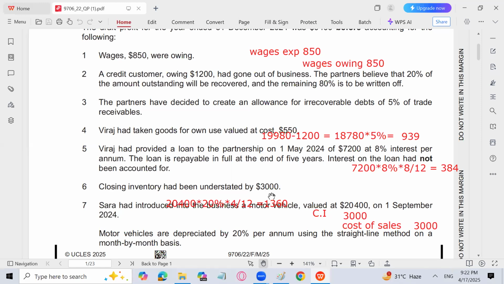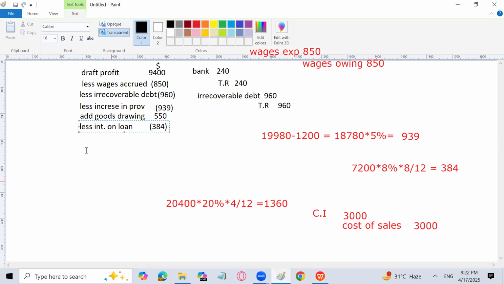Now we have to decrease the cost of sales, so that's why it is credited. And when we reduce cost of sales, profit will increase. So 3,000 is going to be added. Add closing inventory undercast. Profit was understated because of that, so we have to increase the profit.